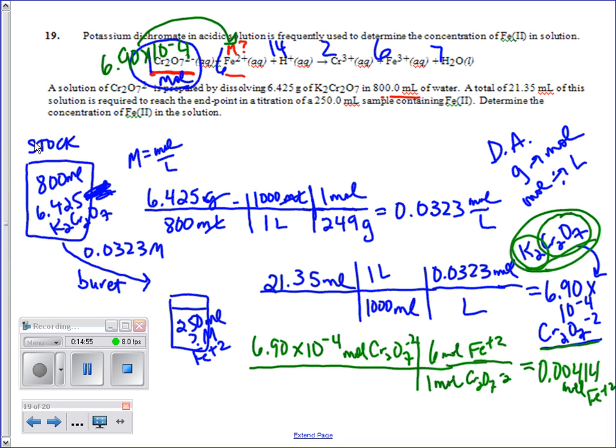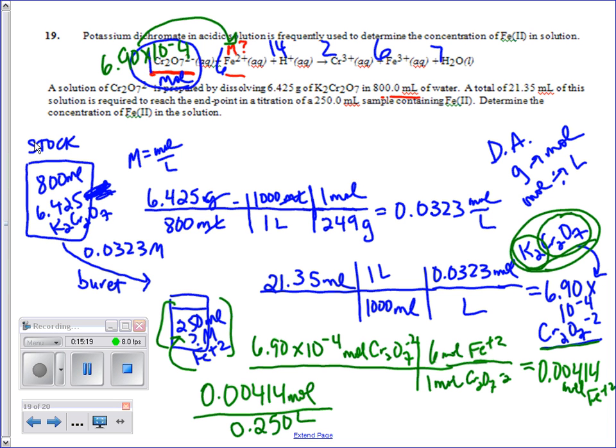Okay, we're almost there. We have moles, but again, the problem says concentration. So we have to divide by a volume. What volume do we divide by? Well, what was the iron dissolved in? We were titrating a 250 ml sample. So we take the moles, 0.00414 moles, and divide it by 0.250 liters.